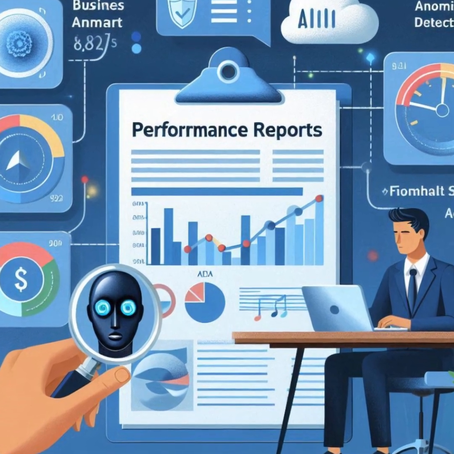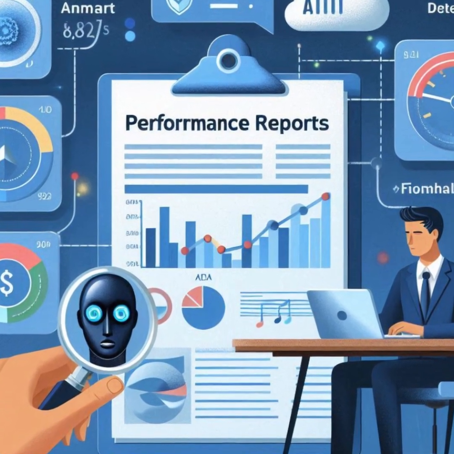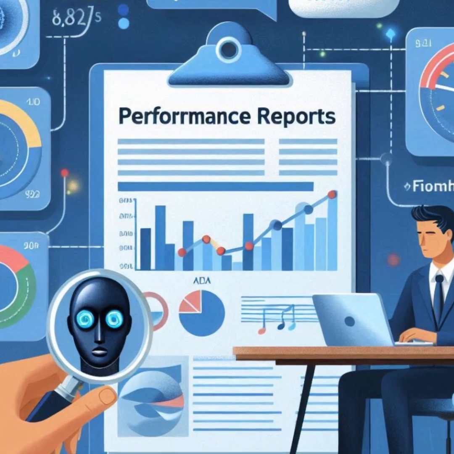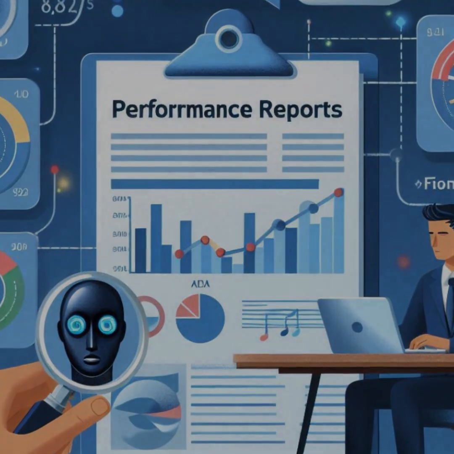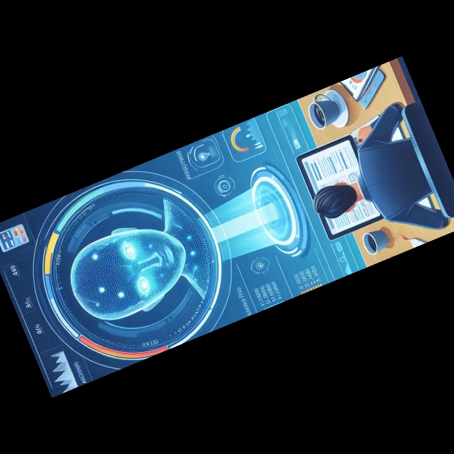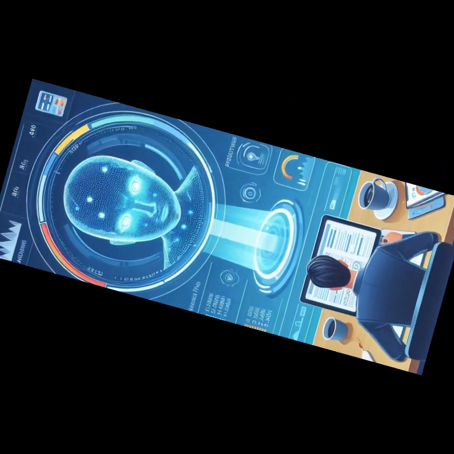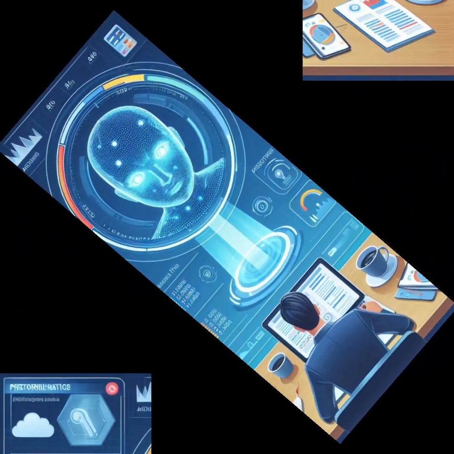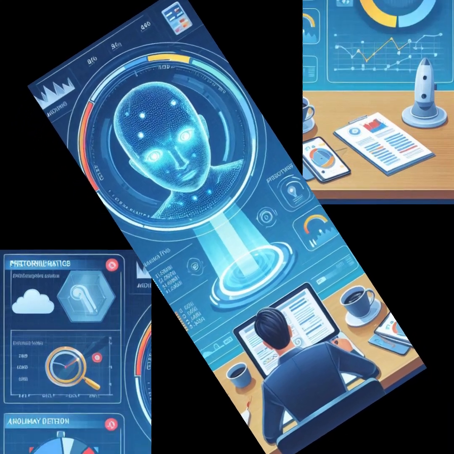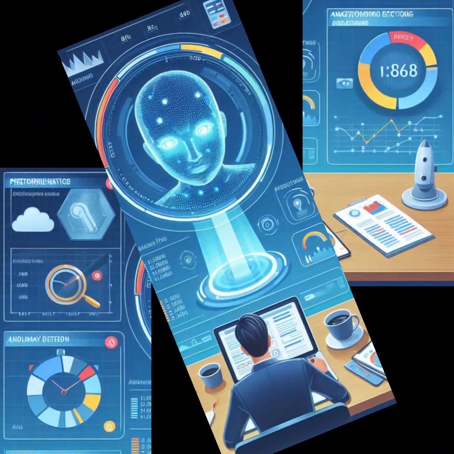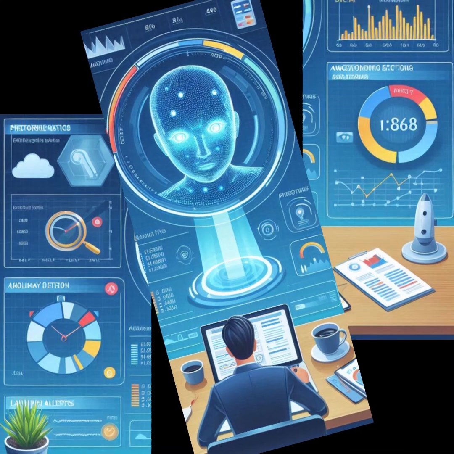Analytics and performance monitoring leverage AI to provide businesses with real-time insights and comprehensive overviews of their marketing efforts. Using tools like Google Analytics 4 and custom dashboards, businesses can track key performance indicators, KPIs, such as traffic sources, user behavior, and conversion rates.